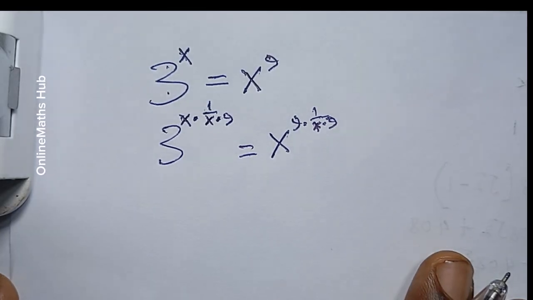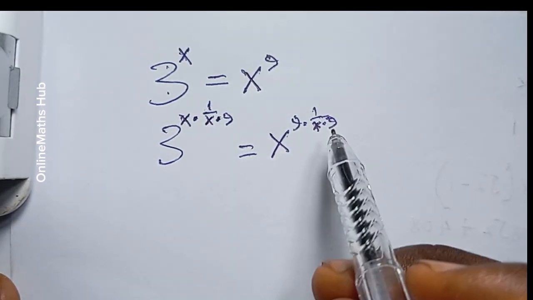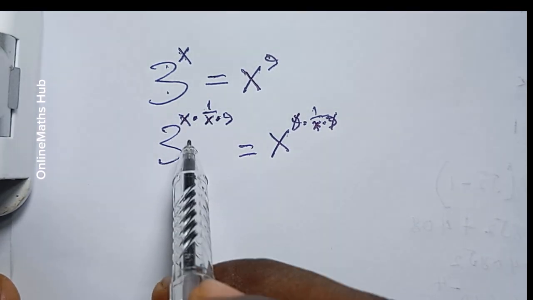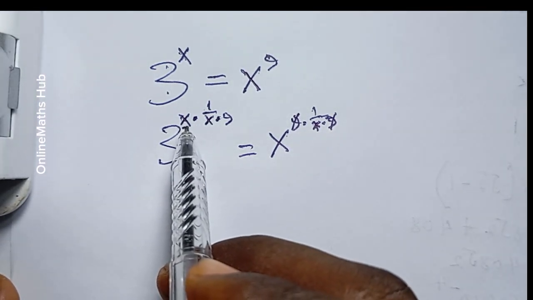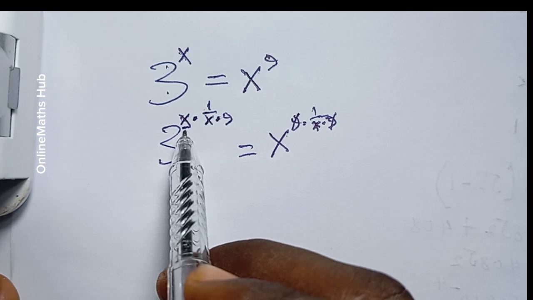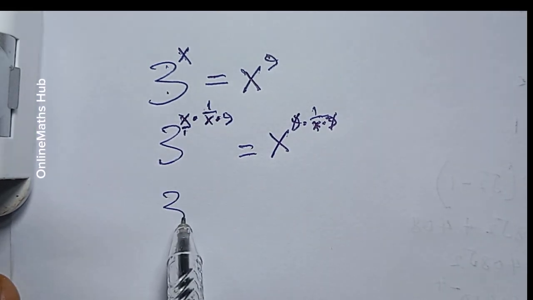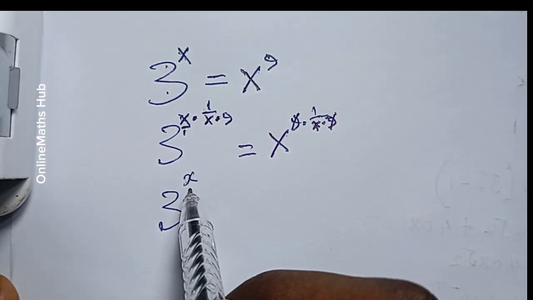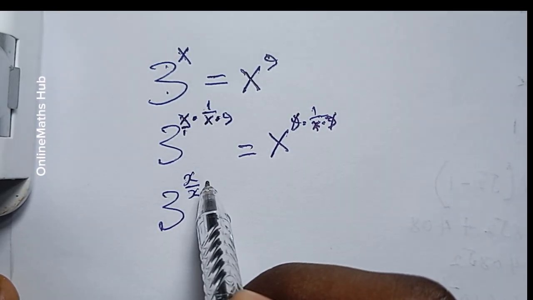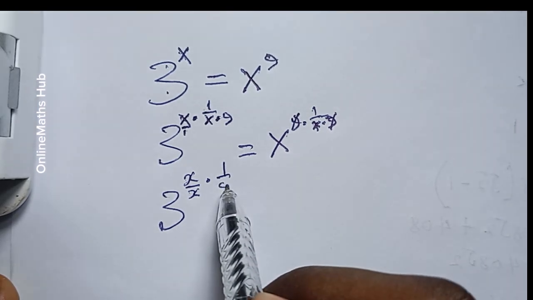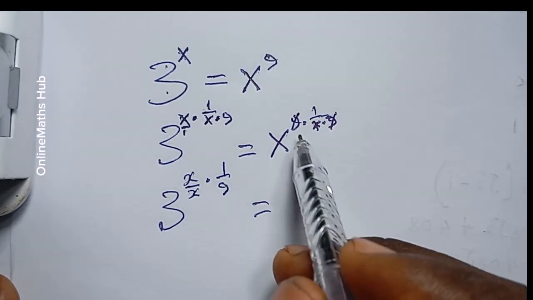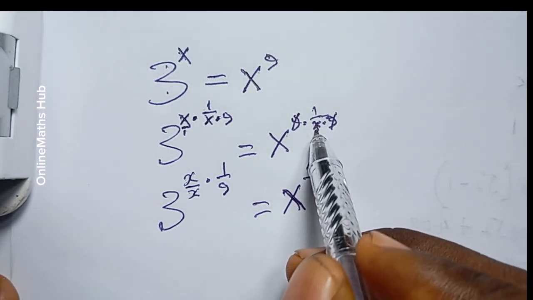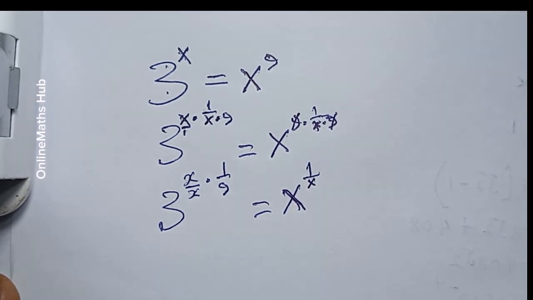At this point you can see that this 9 is going to cancel this 9, and on this side you can see that this can also be written as x divided by 1, so that we'll have 3 power x, and then I'll split this, so I can write this as x power x multiplied by 1 over 9 is equal to, and on this side I already have x power 1 over x left right here.